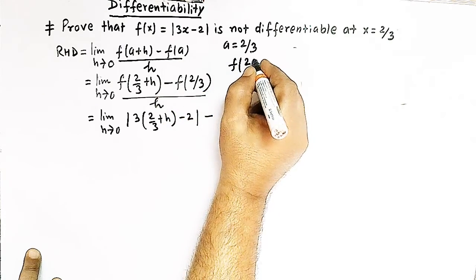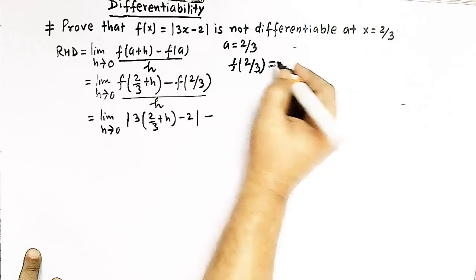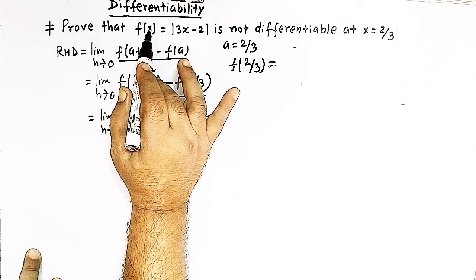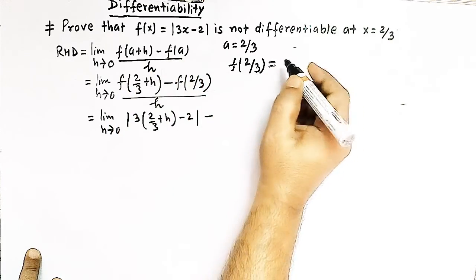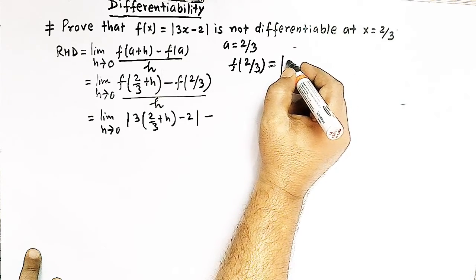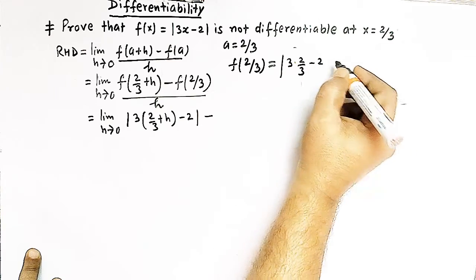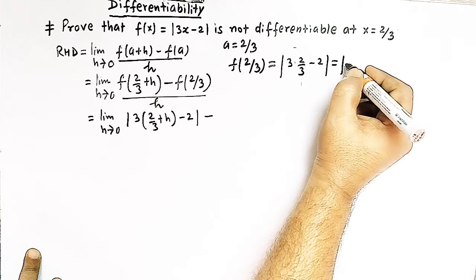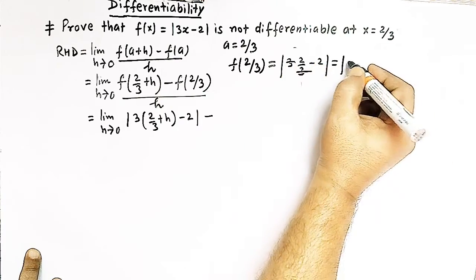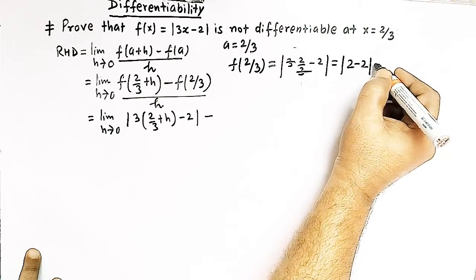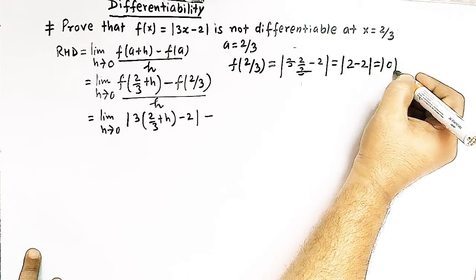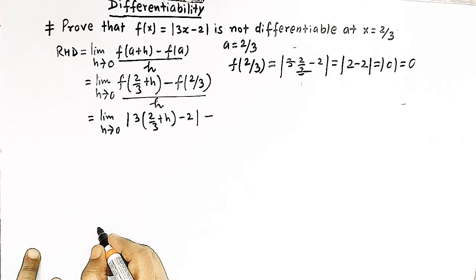Now f of 2 over 3 can be obtained by replacing x by 2 over 3. So we have mod of 3 times 2 over 3 minus 2. Here 3 and 3 get cancelled, so mod of 2 minus 2, that is mod of 0, that is equal to 0.